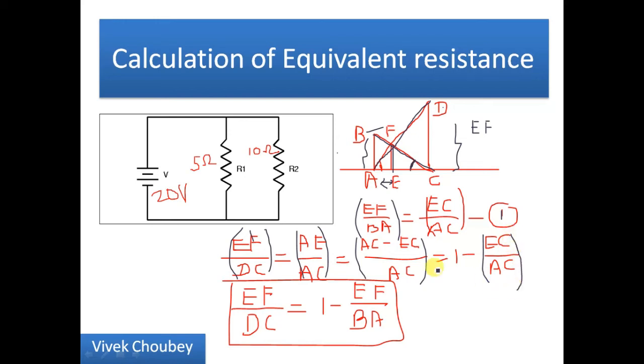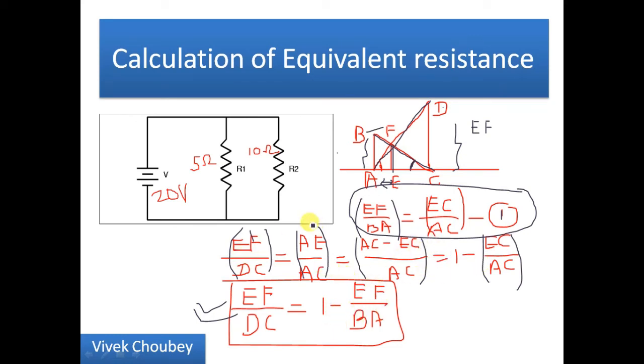Okay, correct? So EC upon AC, from equation 1 we can see the value of EC upon AC. What's that? That is EF upon BA, right? So we can substitute everything and we can say finally that EF upon DC is equal to 1 minus EF upon BA.